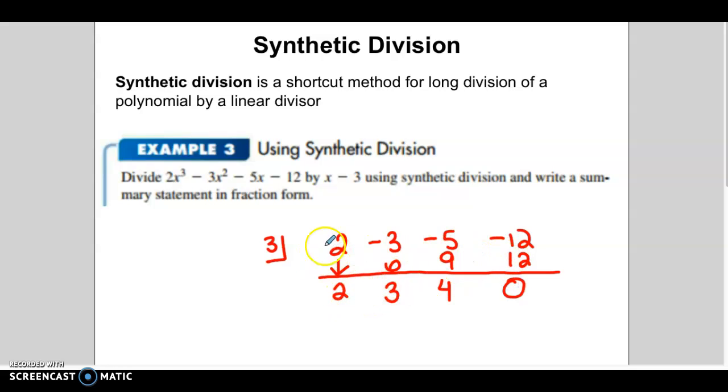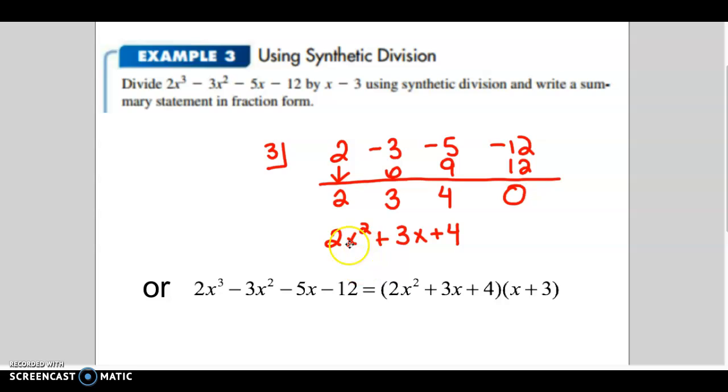This means that x minus 3 is a factor of this, and it means that these 2, 3, and 4 represent the x squared, because we started with an x cubed, the x, and the constant terms. So we can say that 2x cubed minus 3x squared minus 5x minus 12 is equal to this quotient that we got, 2x squared plus 3x plus 4, times the divisor x minus 3.